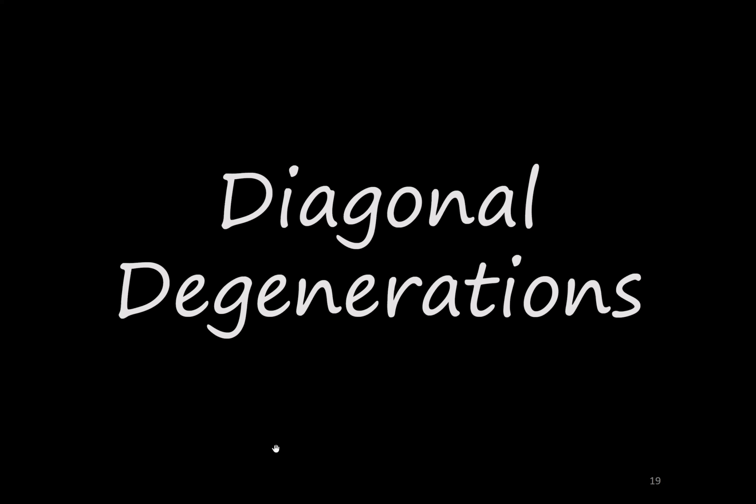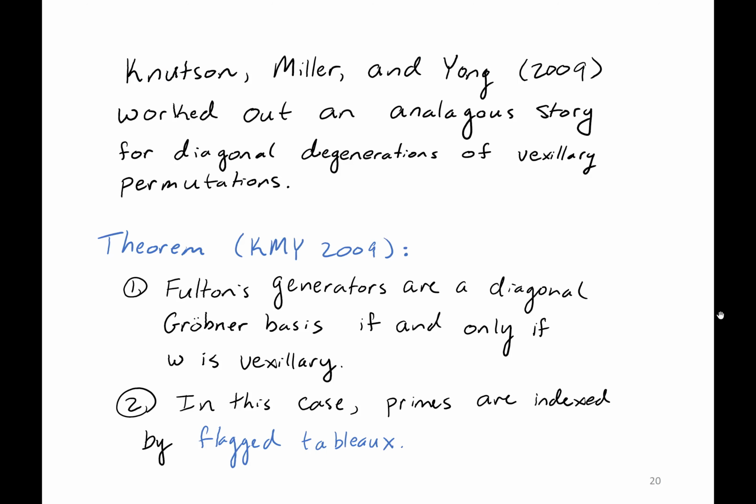But if you're like me, an anti-diagonal term order is not the most natural term order. So you might wonder, what happens if I take, for instance, reading order, just a diagonal term order? These diagonal degenerations were studied in a special case for vexillary permutations by Knutson, Miller, and Yang.